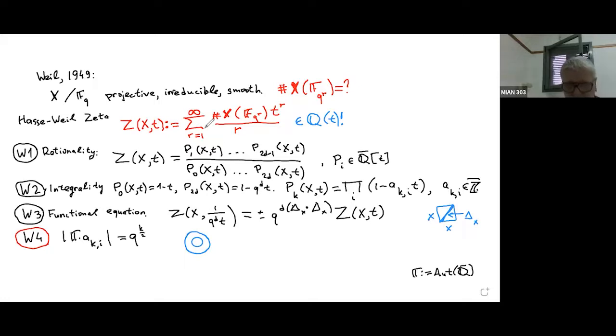So the roots of various polynomials participating in the zeta function lie on certain circles, and the radii of these circles depend on the, so to say, dimensions.